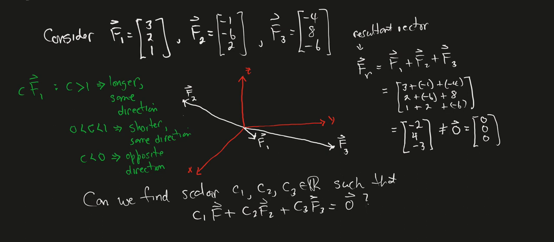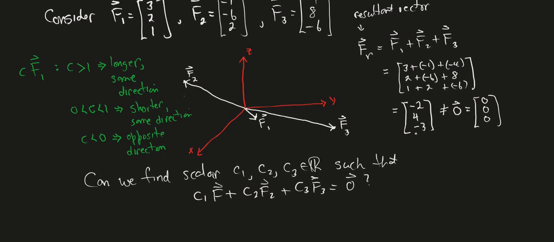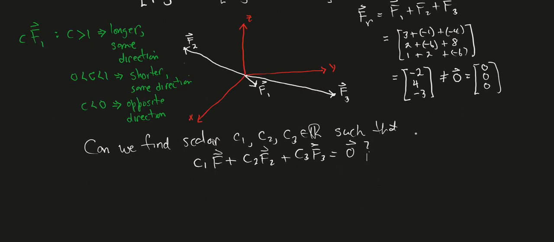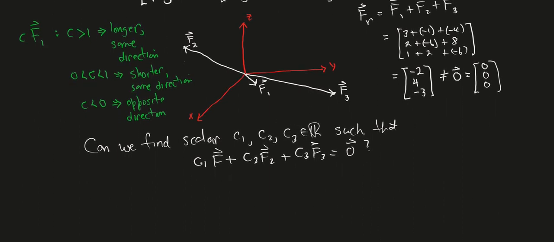Now, you might say, I think I have a clever solution. What if I just choose all the constants to be zero? What if I multiplied all the vectors by zero? Then for sure, their resultant would be the zero vector.